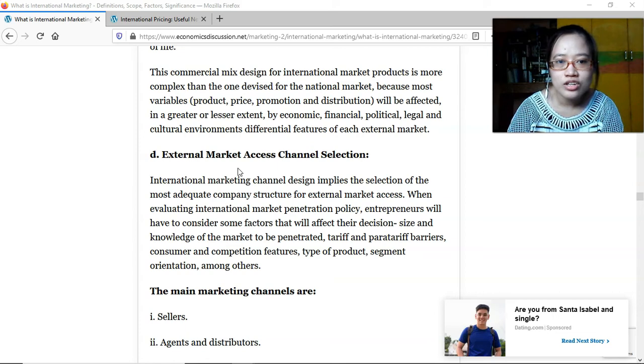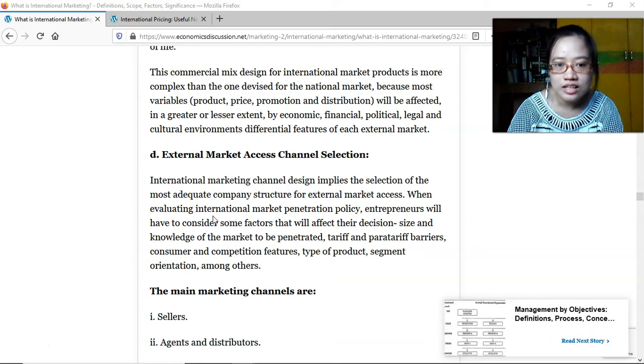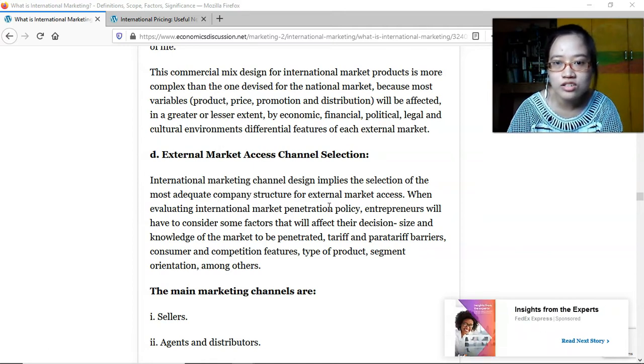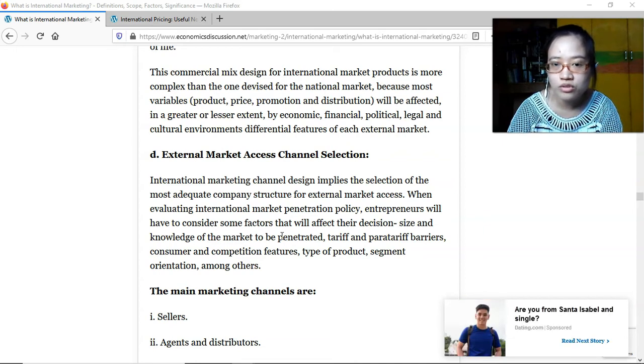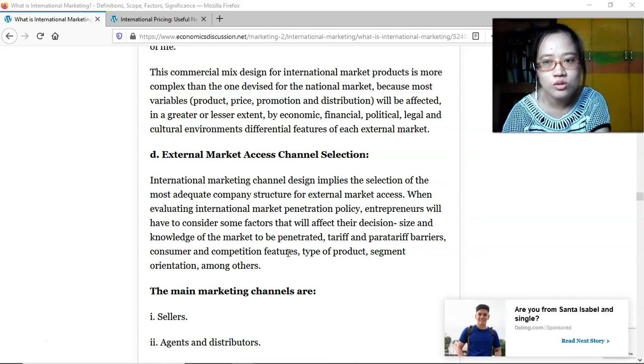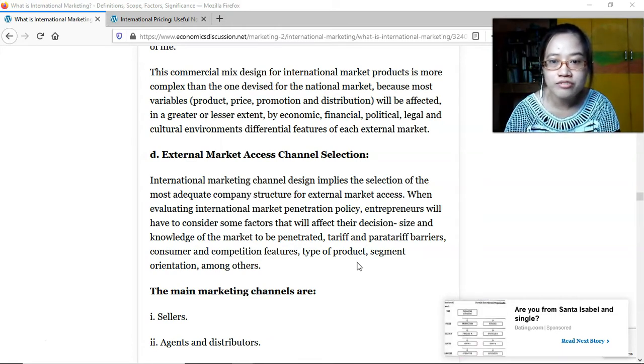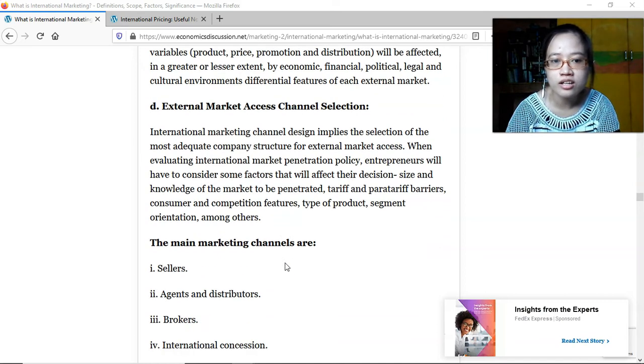And then you have your external market access channel selection. The design implies the selection of the most adequate company structure for external market access. When evaluating an external market penetration policy, entrepreneurs will have to consider some factors that will affect their decision: size and knowledge of the market to be penetrated, tariff and para-tariff barriers for import or export, consumer and competition features, type of product, segment orientation, among others.